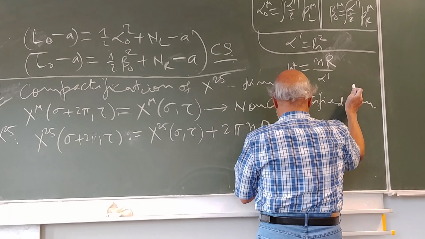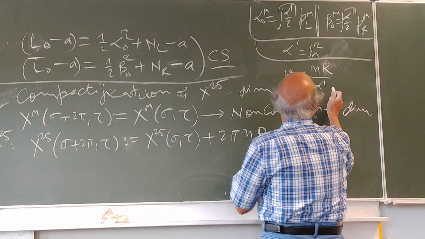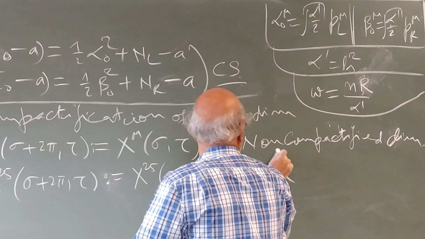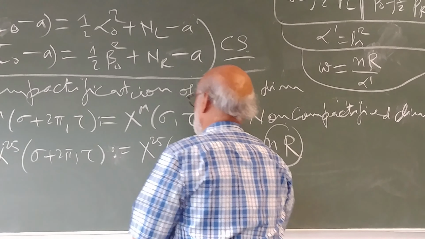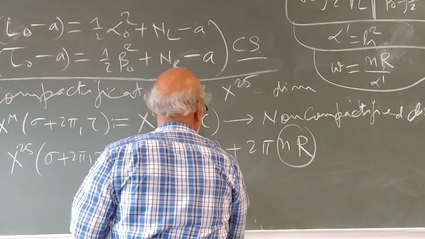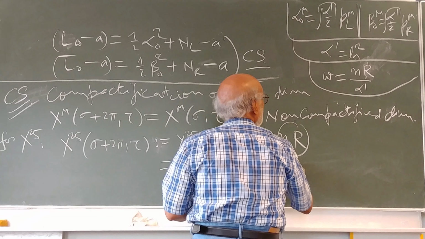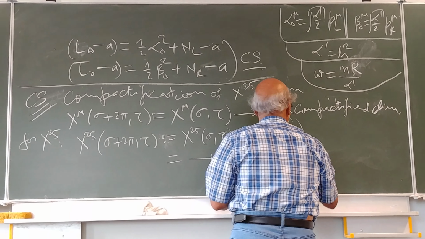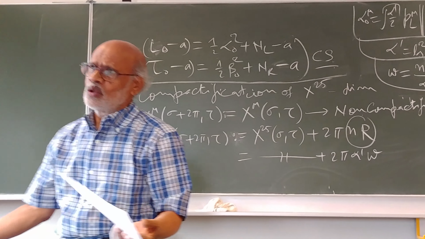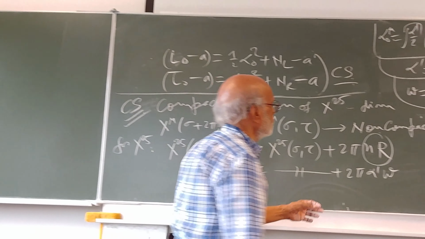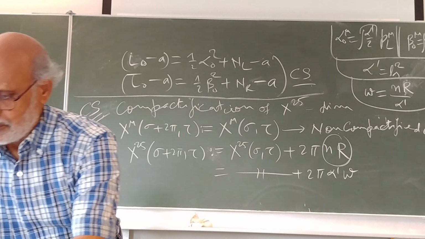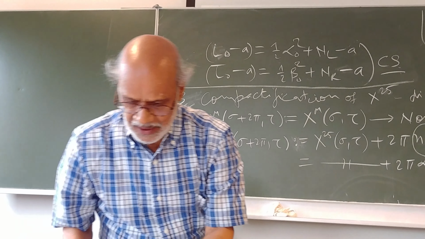And so this term nR could be written as twice pi alpha prime w. So this could be written as this or that. Essentially we have only introduced nR by alpha prime as a new variable given by w.